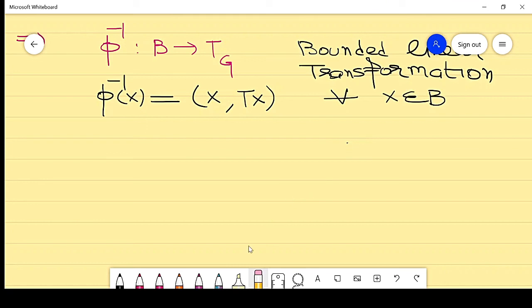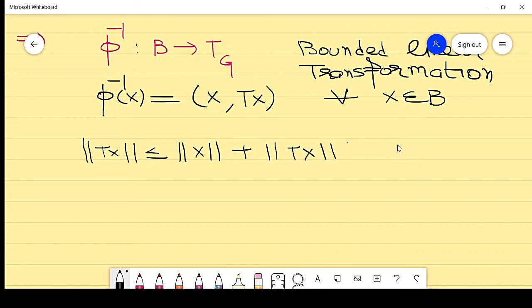Now phi inverse is a bounded linear transformation. So here we write norm of Tx, which is less than or equal to norm of x plus norm of Tx, for every x belongs to B. So why can I write it this way?